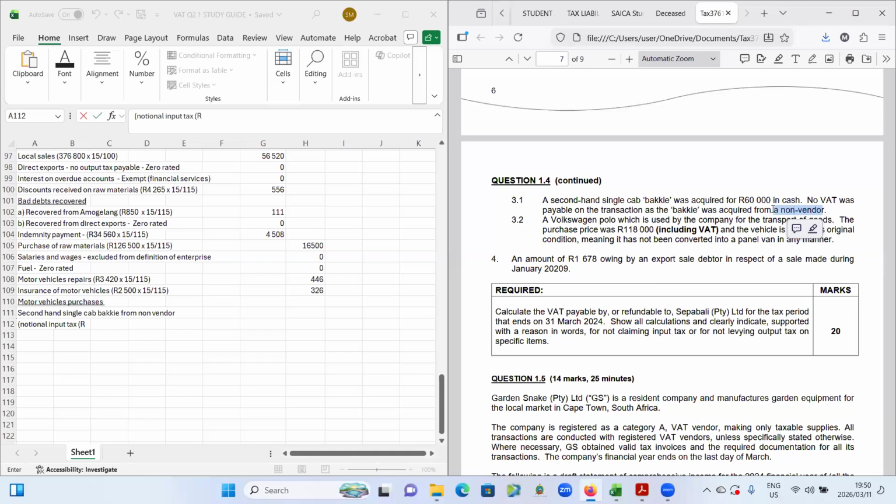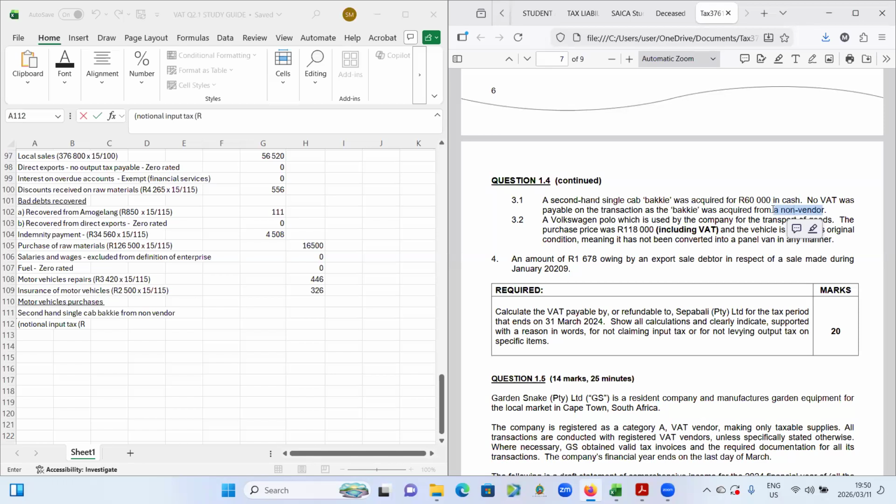That VAT which is hiding, which is charged indirectly, is called deemed input tax or notional input tax. It's not charged directly, but somebody is charging. He is trying to recover the VAT that he did not claim.